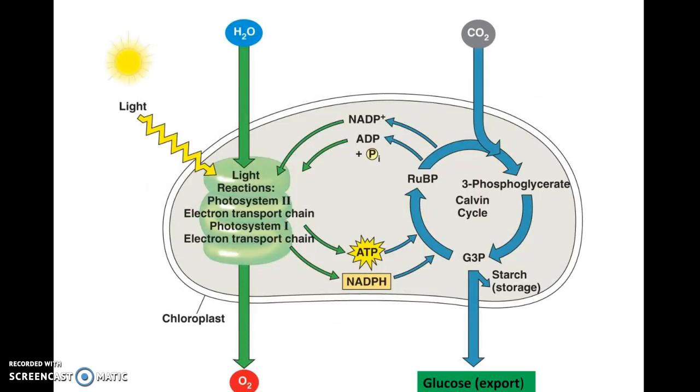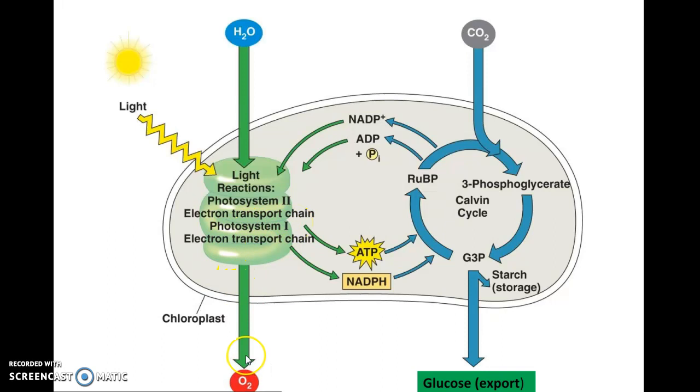Here is a delightful diagram showing the whole thing in one picture. Right? We've got water coming into the chloroplast, doing the light reactions where light energy is exciting electrons in photosystem 1 and 2, doing the electron transport chain, creating another concentration gradient, just like cellular respiration, remember.